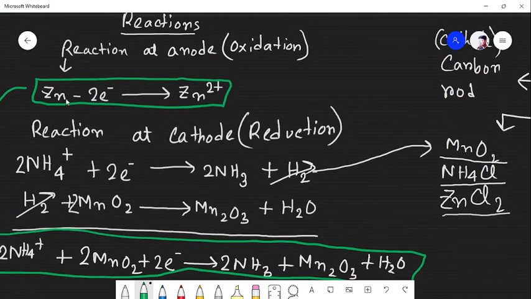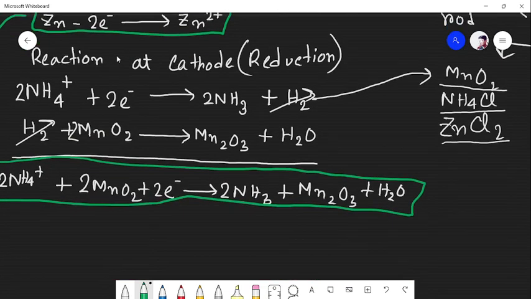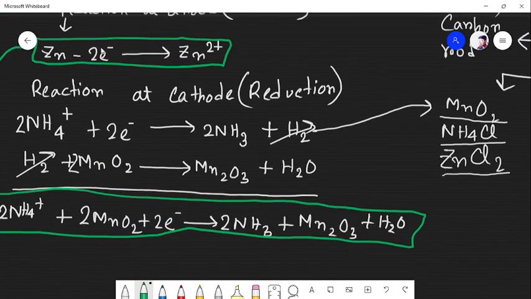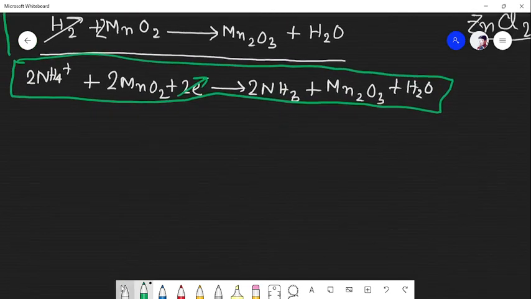Here is zinc, and 2 electrons are released here, so we can cancel out these 2 electrons because they're on opposite sides of the reaction. Let's write it down.